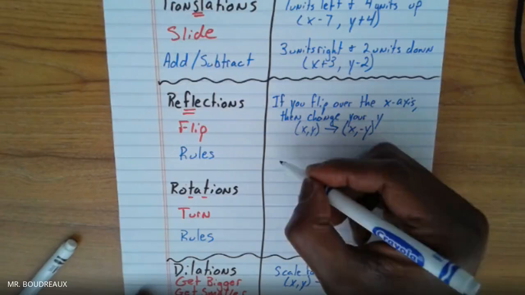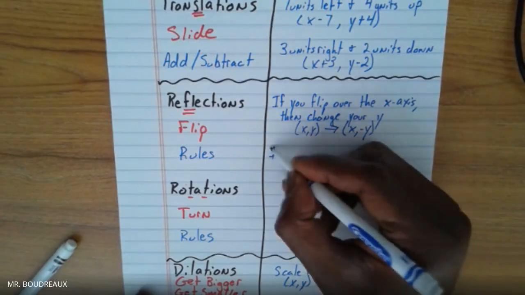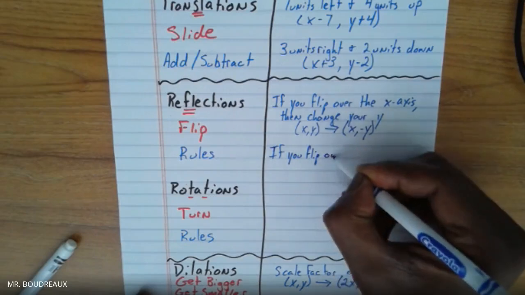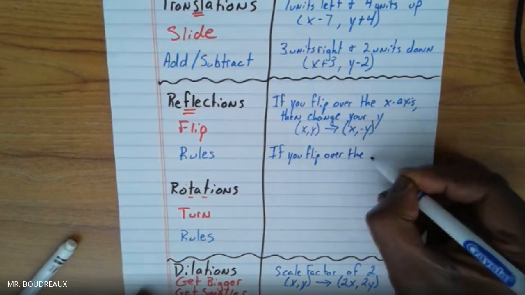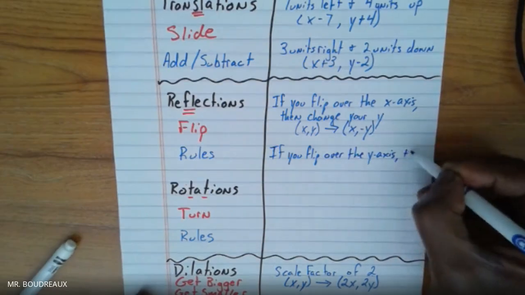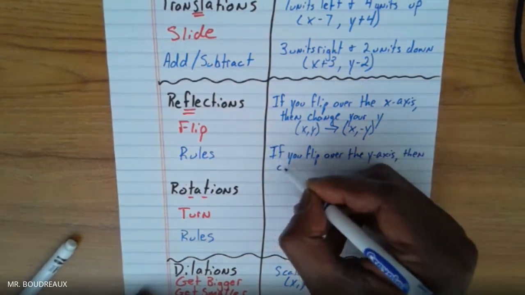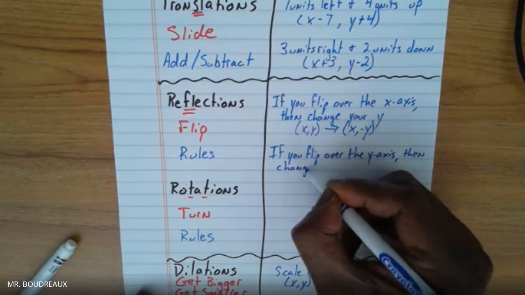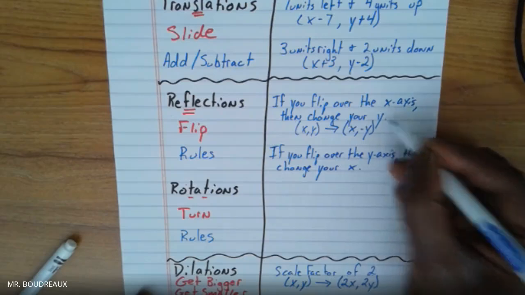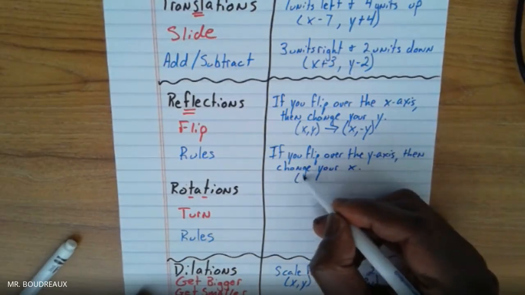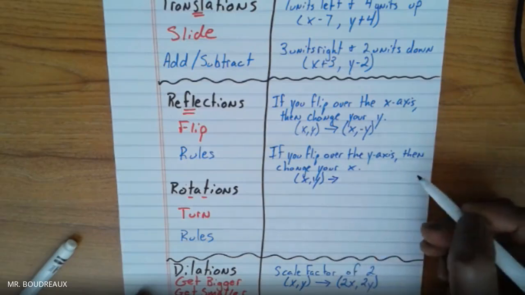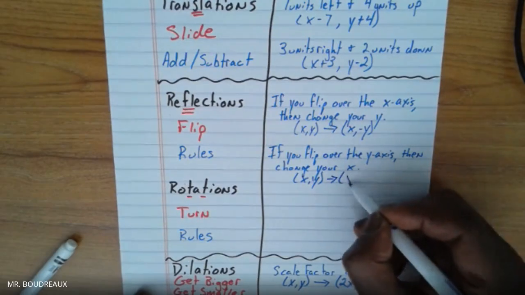On the other hand, if you flip over the Y-axis, then you change your X. What that looks like is X comma Y. Always start with an X comma Y. There's your arrow, and now my X is flipped.